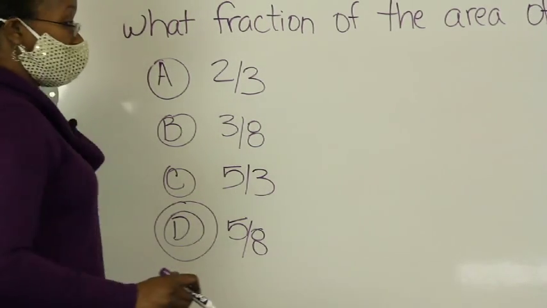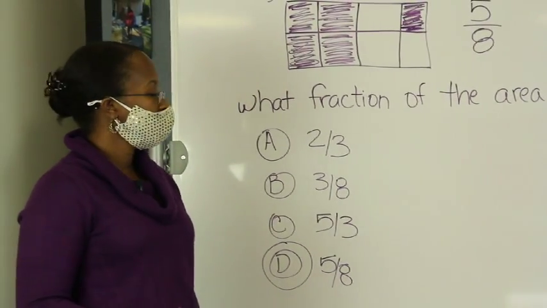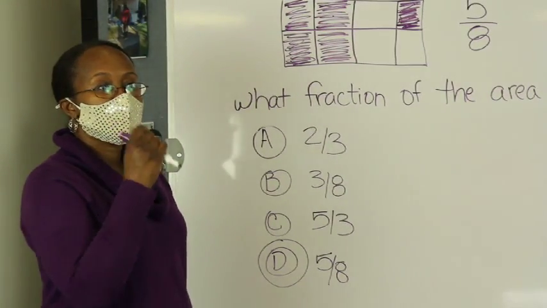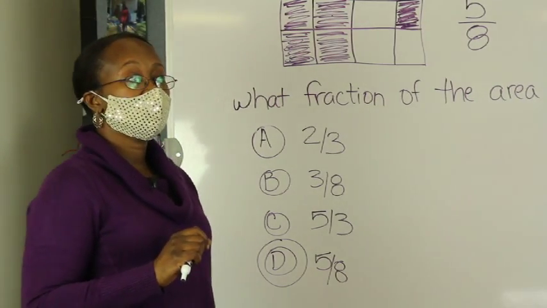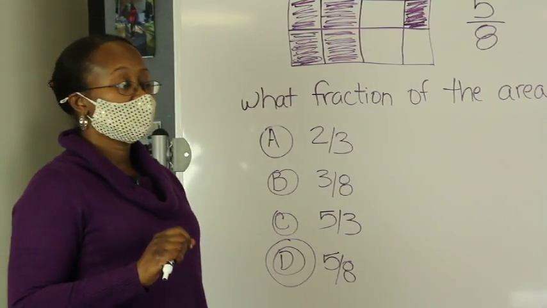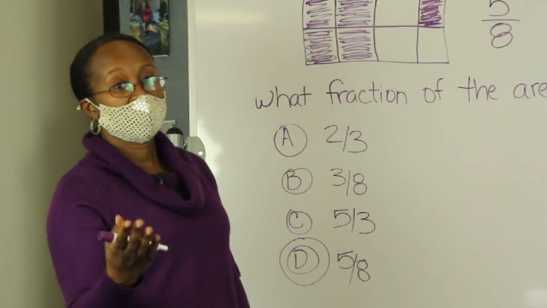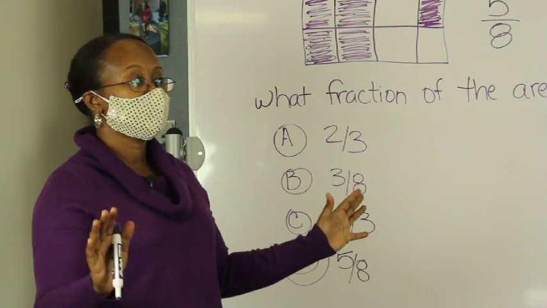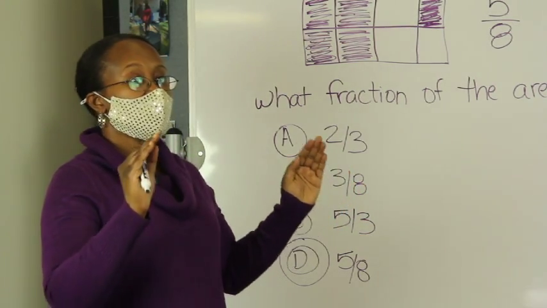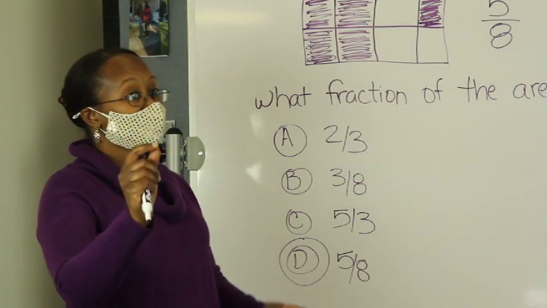This is an example of a pretty simple problem. And like I said, don't let these slip away. You always want to make sure that you take your time and understand what's being asked. If they're asking you for the shaded area or the area that's not shaded, make sure that you circle something, underline something to make sure that you understand what you are actually answering, because they'll sometimes try to trick you.